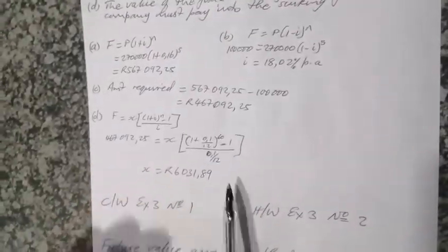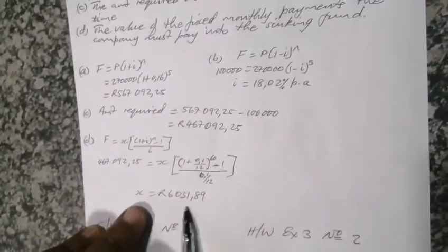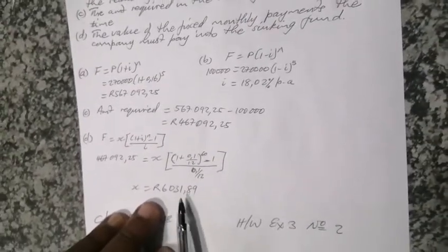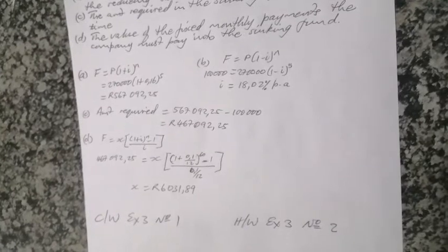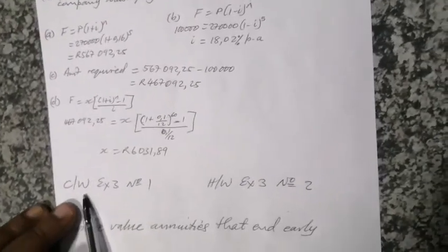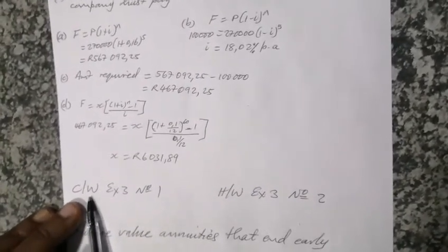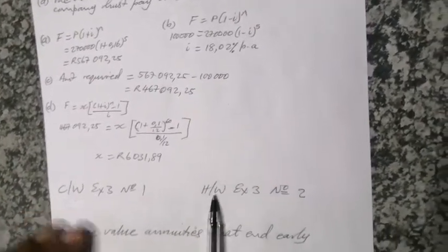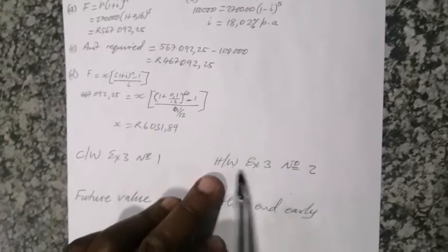Then we substitute all the values, we end up with X equal to 6031.89.